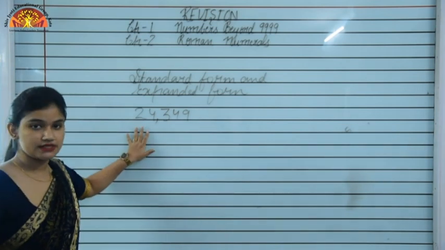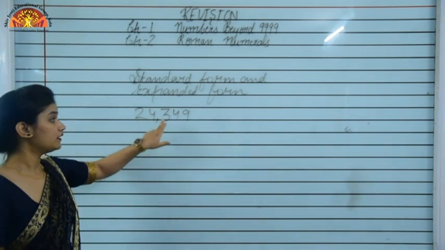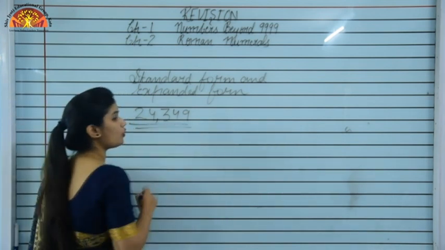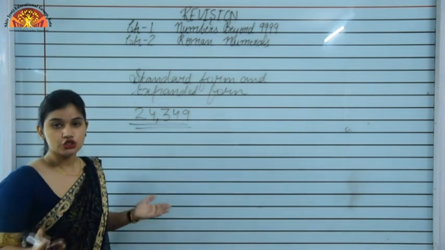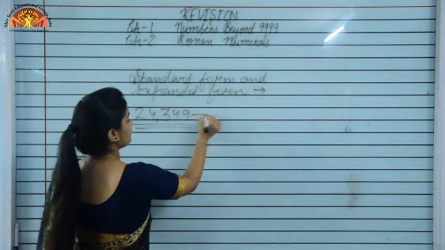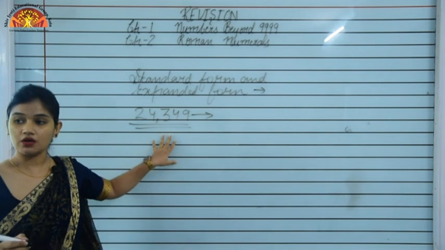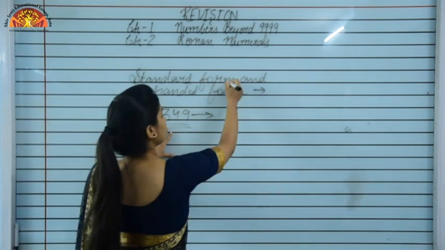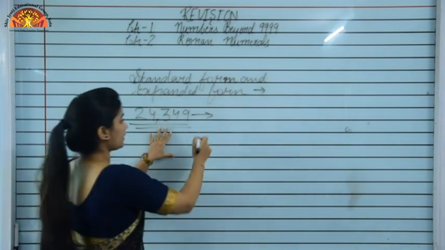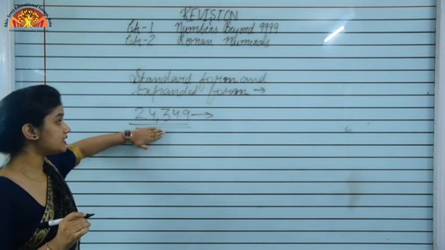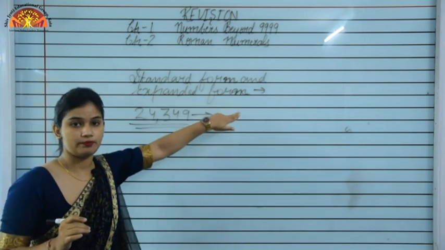So the number is 24,349. This is the standard form of this number, and we can say the short form of this number. Now we have to convert this number into expanded form.